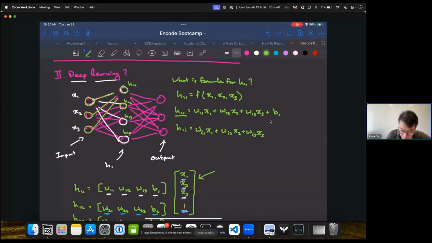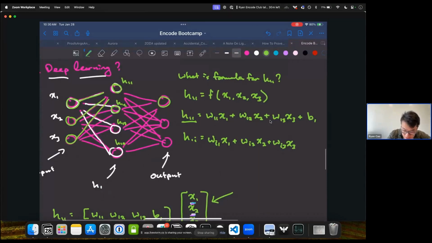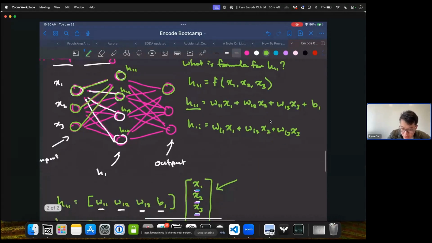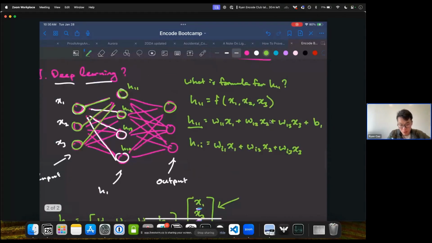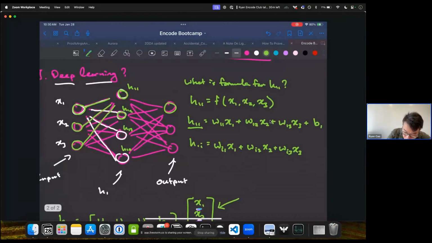So now let's think about the output real quick. In the output layer, let's call this y hat, as we did earlier, because this will be the output of the model. So this we will call y hat 1, this y hat 2, and this y hat 3. Sorry, the colors are bad.